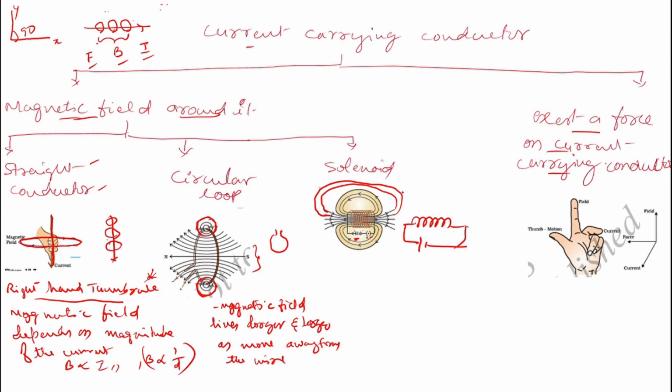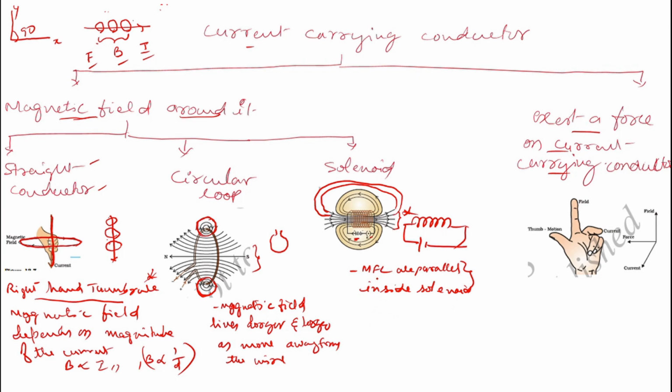Magnetic field lines are parallel straight lines inside the solenoid. See, these lines you see, they are parallel. So this they may ask in the examination. Very, very important.